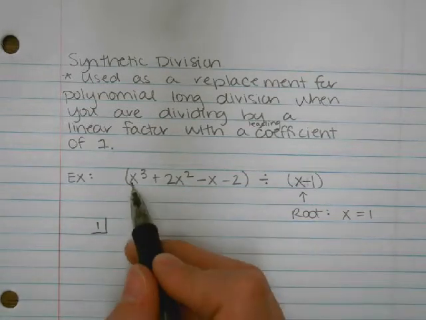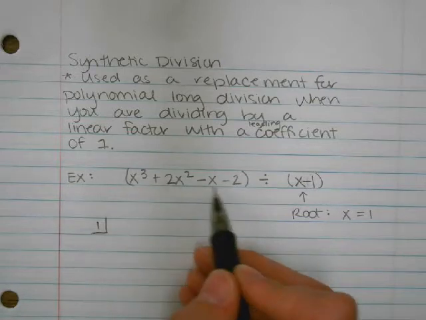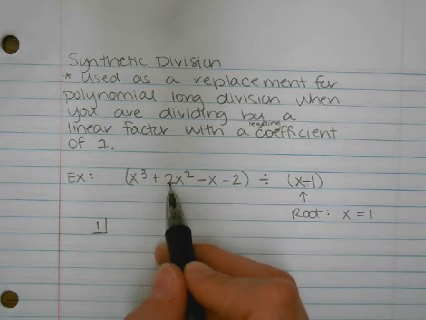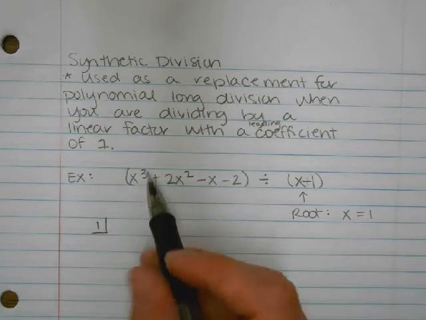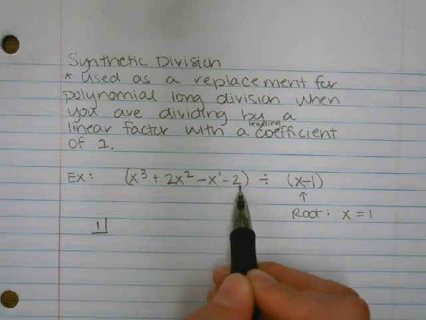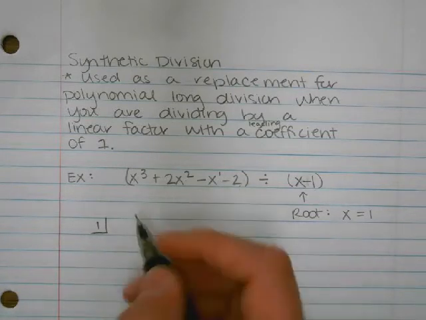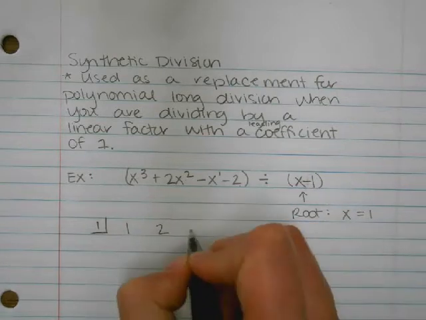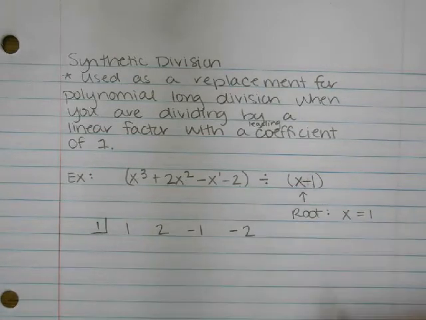After that, we take the coefficients, and it is very important, like with polynomial long division, that you have every single exponent represented. So we've got exponent of 3, exponent of 2, exponent of 1, and then no exponent here. Next to this, I'm going to write the coefficients: 1, 2, negative 1, negative 2.